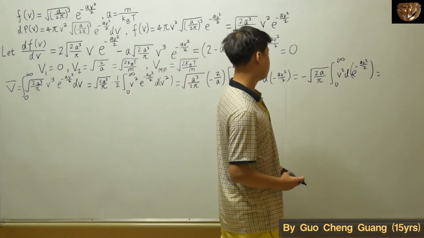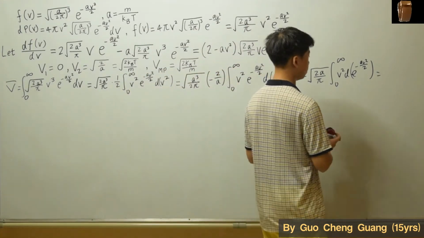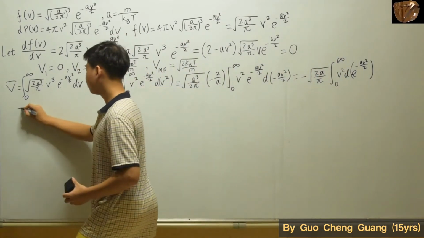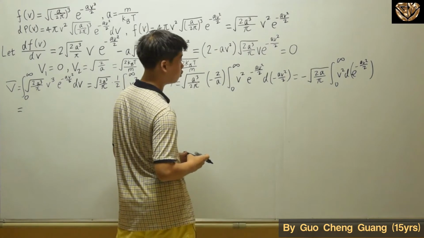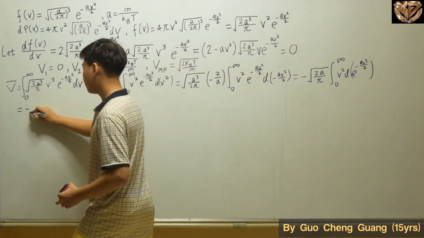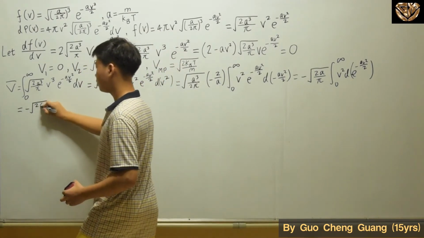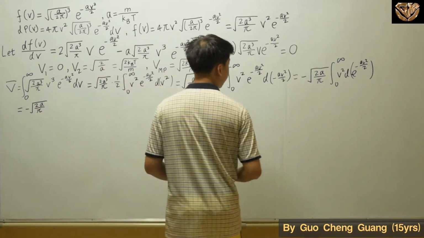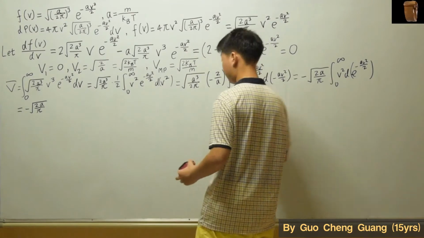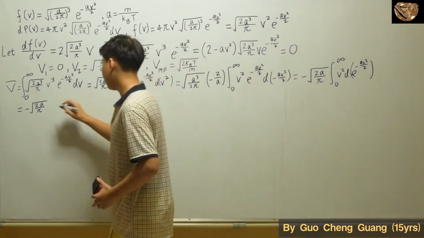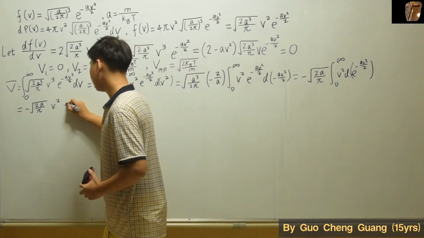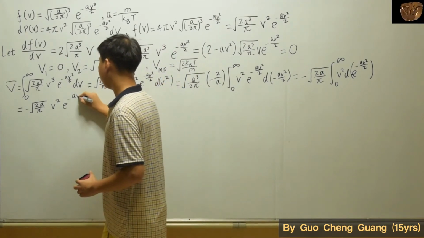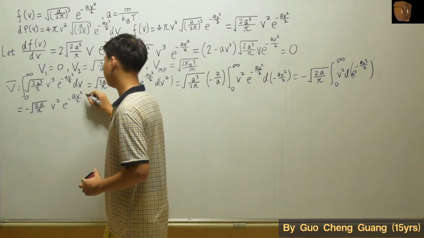So how do we use integral by parts here? I'm just going to write this below. Integral by parts, we're going to see negative square root 2a over pi, and the first part, uv, which is v square e to the power of negative av square over 2.